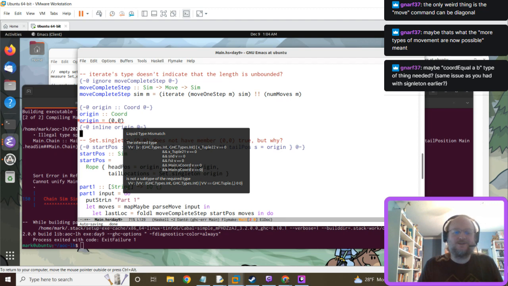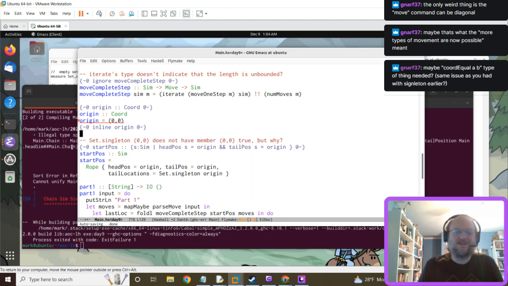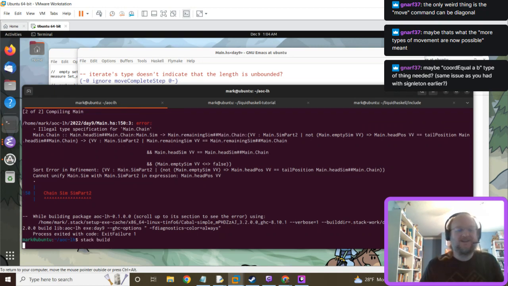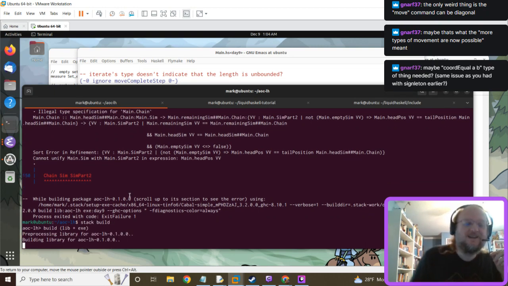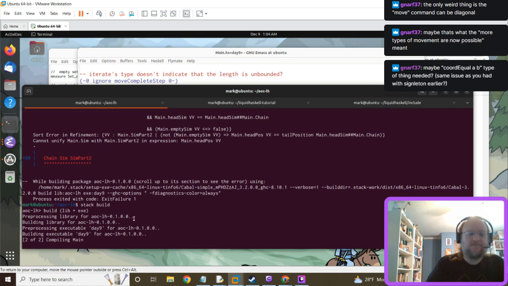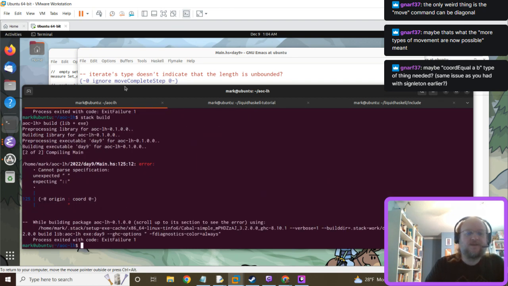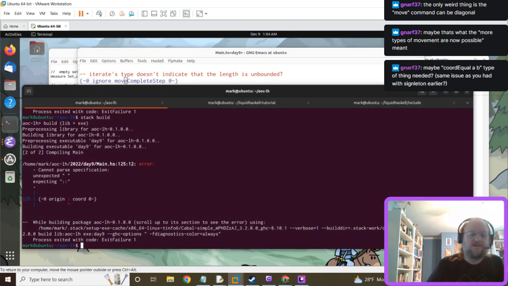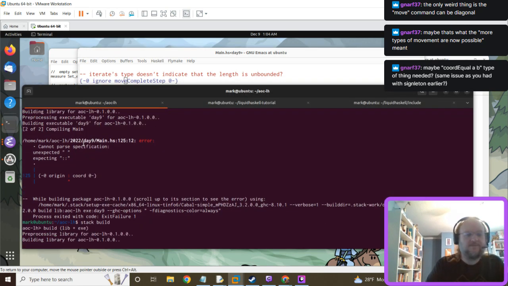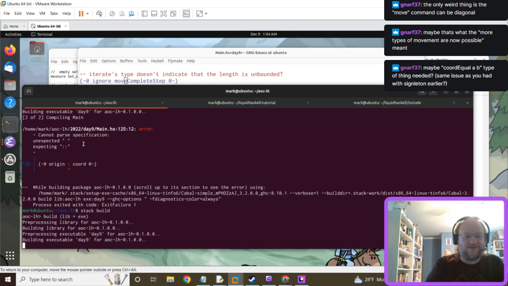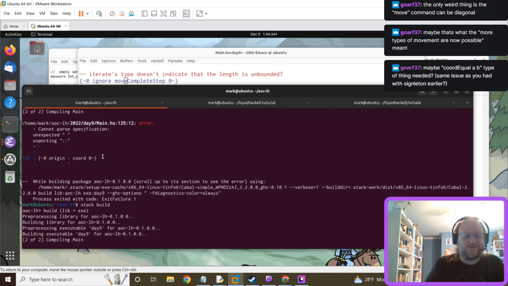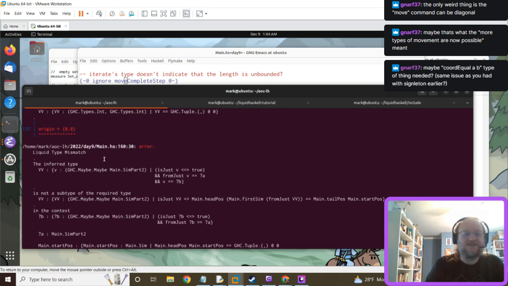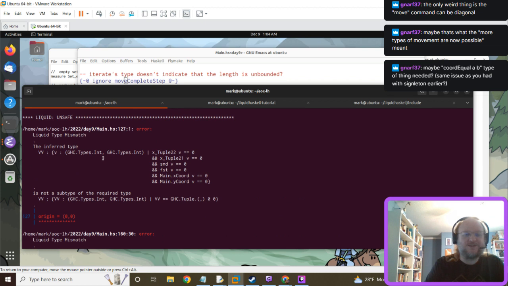It doesn't know that the two ways of making a tuple are the same. I am not going to write a coordinate record type just to make this work. We're just going to push on.